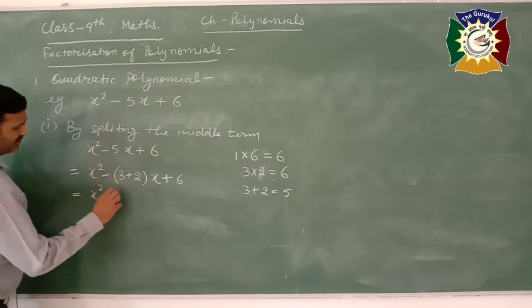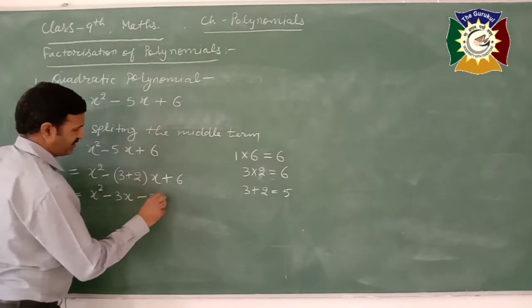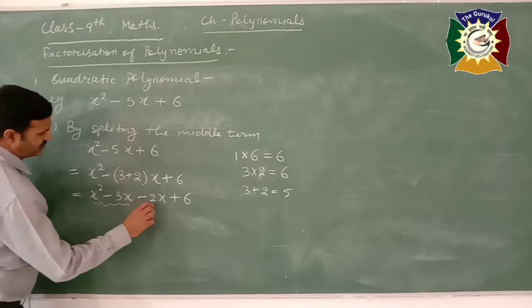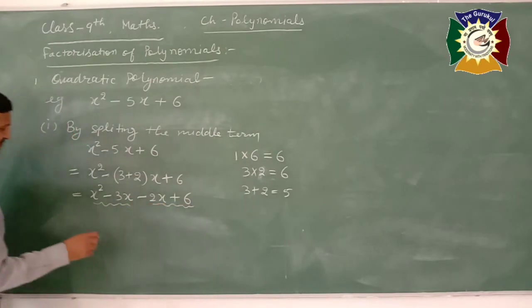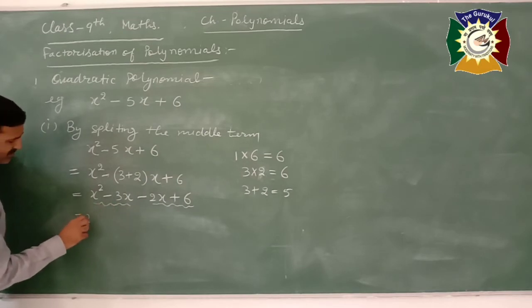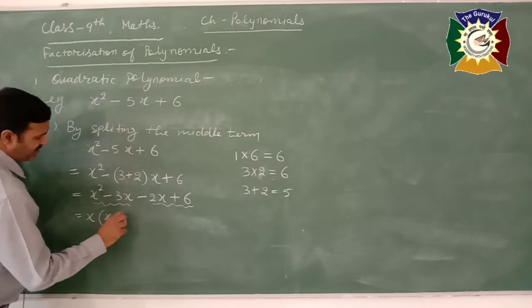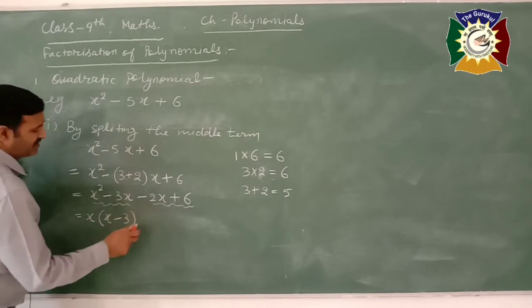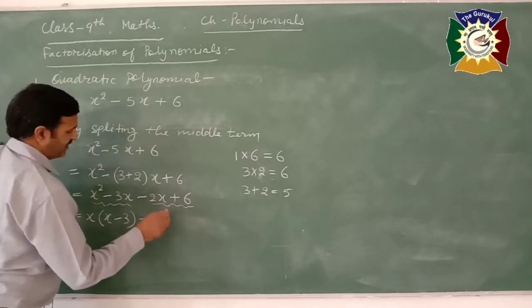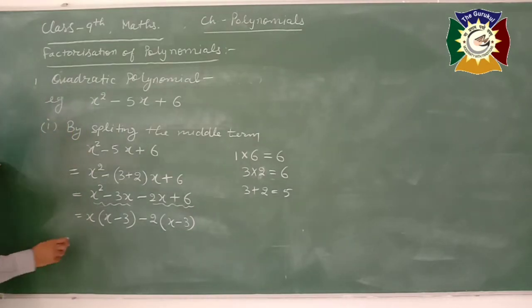Open the brackets: 3x, minus sign is there, so minus 2x plus 6. Make the pairs of two terms. Now we have 4 terms in the polynomial. In the first 2 terms, what is common? x is common here. Then what is left? x minus 3. In these 2 terms, minus 2 is common and x minus 3 is left.